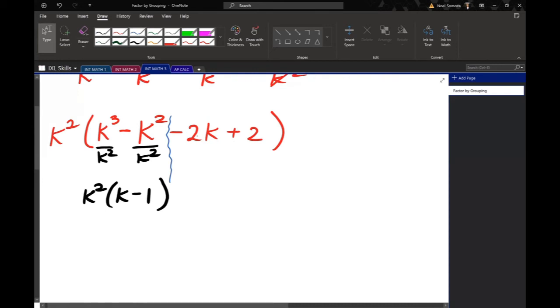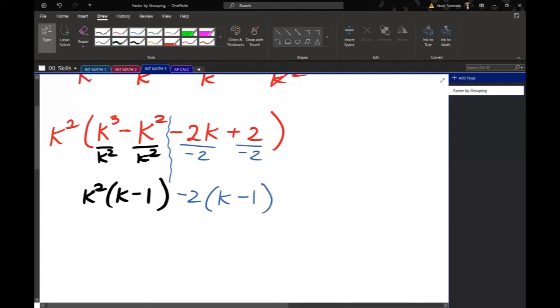But a convention with factoring is that whenever you have a leading term that's negative, we're also going to factor by a negative. So not only are we factoring both terms by 2, we're going to factor out a negative 2. So we're going to divide both of these terms by negative 2. So that will be negative 2 comes out. That's going to leave us with k minus 1.